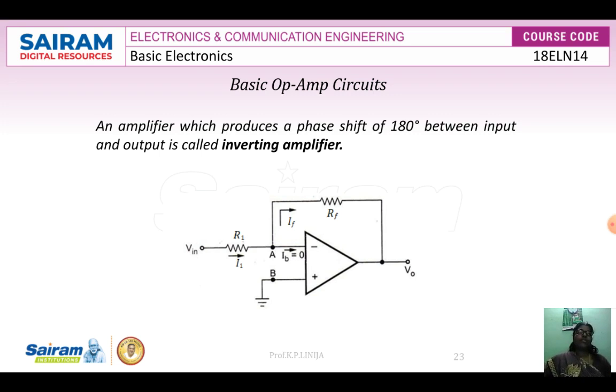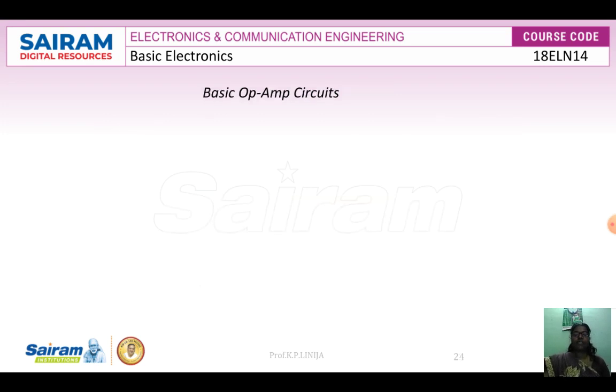Now we are going to apply Kirchhoff's current law to the inverting terminal. We know that the current I1 is flowing towards the resistor R1, and if we apply Kirchhoff's current law, what will we get?